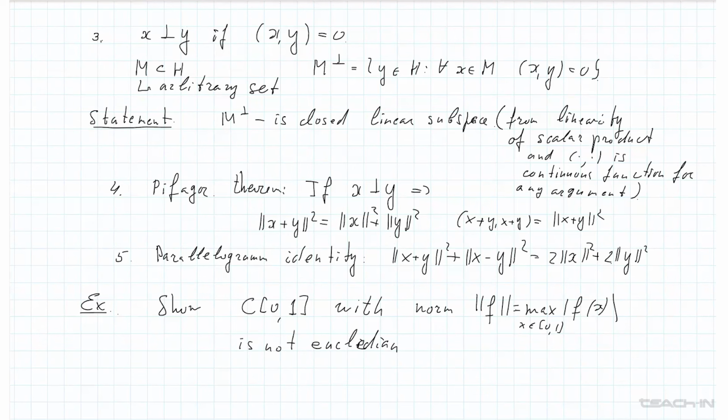How can we show it? Well, maybe just show that the parallelogram law doesn't hold. Yes, the general approach: find two elements for which the parallelogram identity is not valid. So let's try to find two functions for which it is not valid.